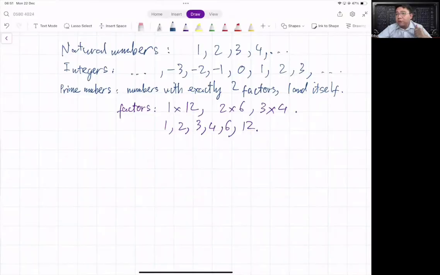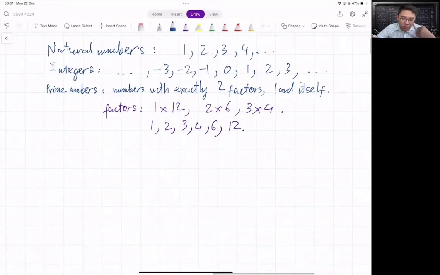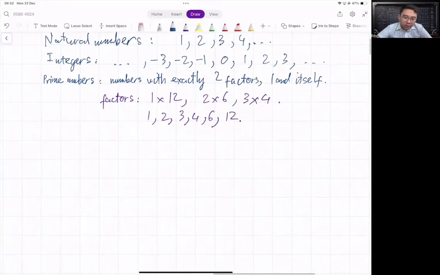If you multiply zero with 1, 2, 3, 4, 5, 6, 7, 8, 9, 10, so on and so forth, even 1,000 or billions, zero times that number is going to be zero. So we go to one. One has one times one, so it's repeated, and if we talk about distinct factors, it's going to be one only. So one is not a prime number.